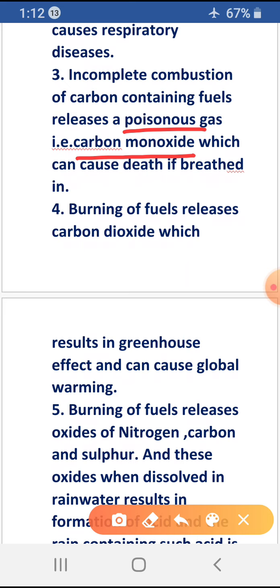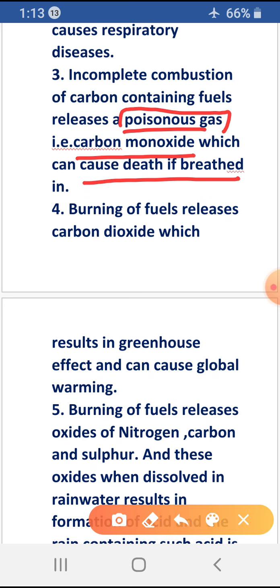Incomplete combustion means insufficient supply of oxygen, and due to lack of oxygen, carbon combines with oxygen to produce carbon monoxide, which is a poisonous gas. And it is fatal also, which can cause death if breathed in.